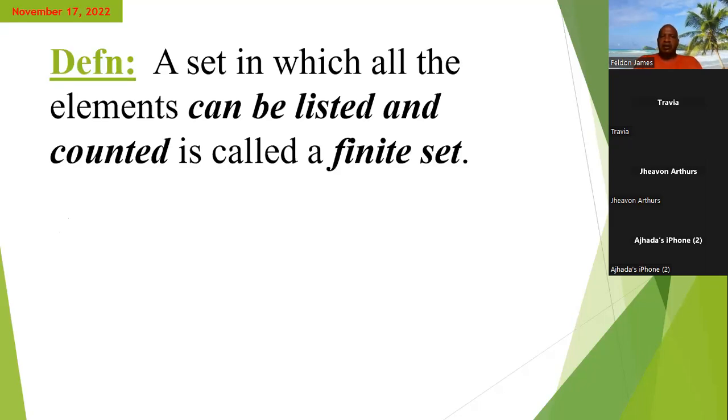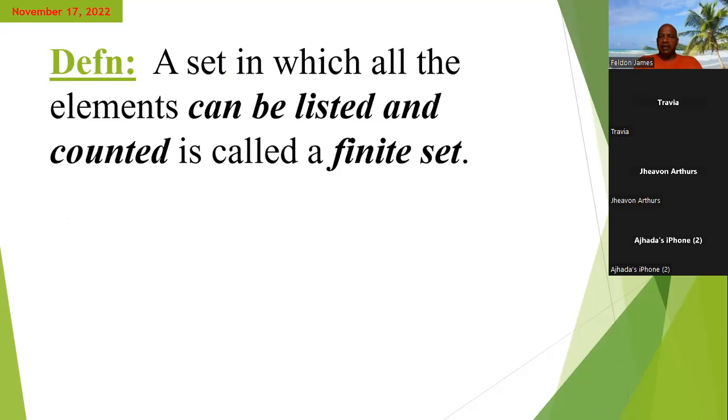So a set in which all the elements can be listed and counted is called a finite set. So you should be able to list all the members, or you should be able to count all the members. So those are what we refer to as finite sets. Now, with a finite set, it means that it is countable.